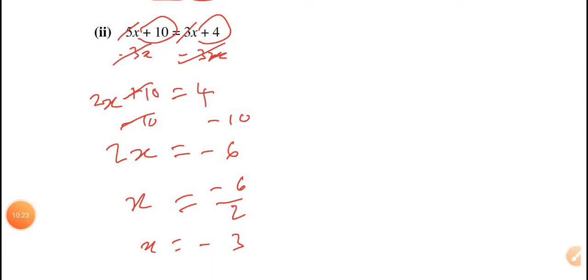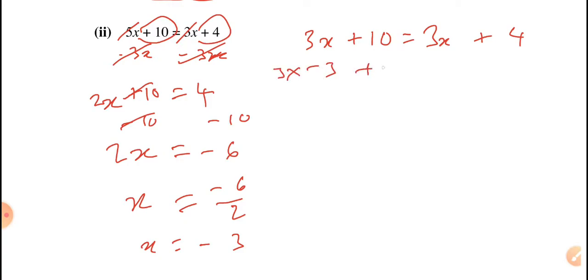As usual, we will check our answer. So the equation was 5x plus 10 is equal to 3x plus 4. We think x is equal to minus 3, so we do 5 times minus 3 add 10.